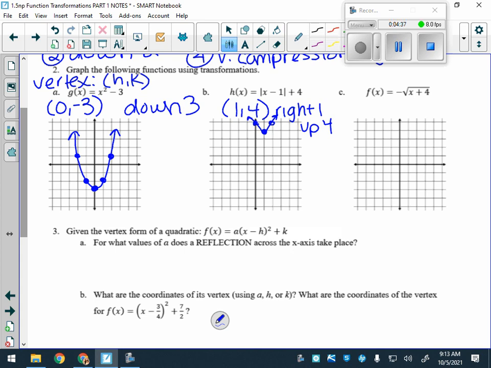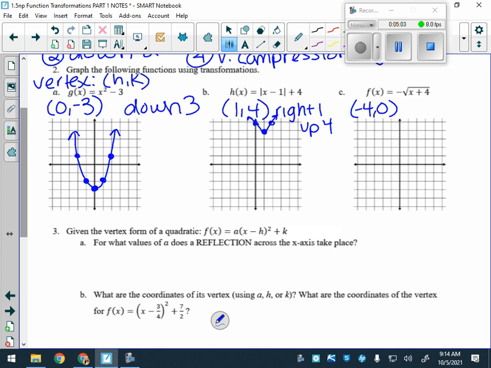For square root, HK is our starting point. Okay, so what is our starting point, Amelia? -4, 0. Good. Square root. Okay. Negative 4, 0 is our starting point.